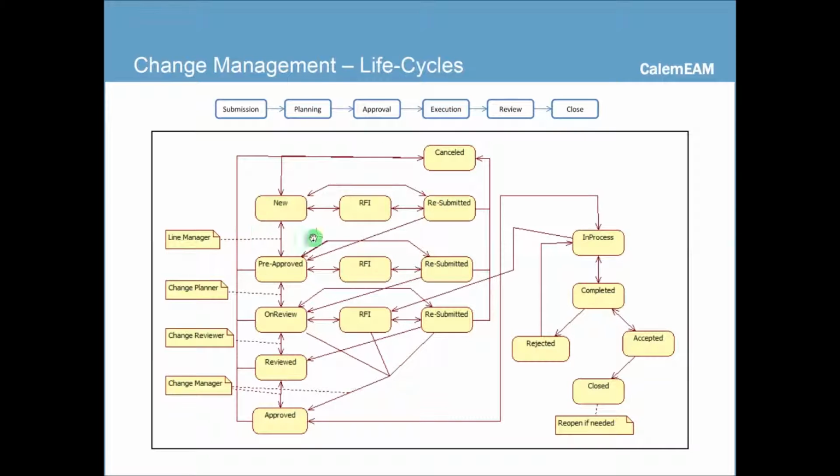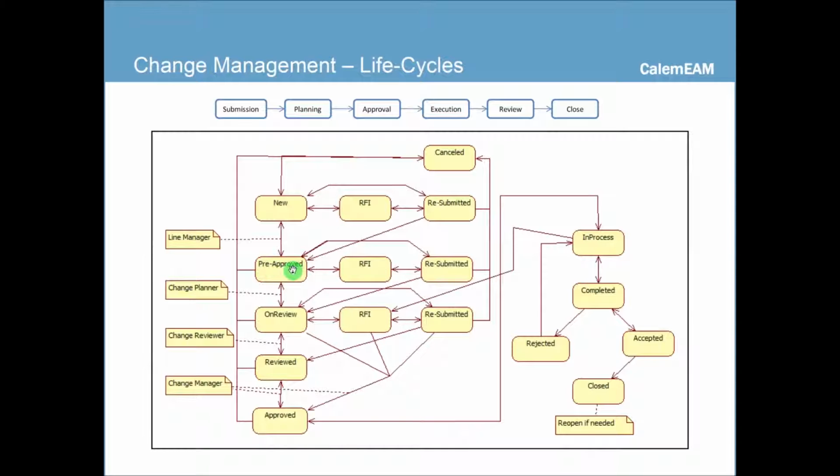Now let's look at the status diagram, which drives the stages for the change requests. So when a change request is created, it's in a new status. Line manager is notified. Line manager may interact with the requester through the request for more information, and the requester resubmits, going through this cycle till the line manager pre-approves it.